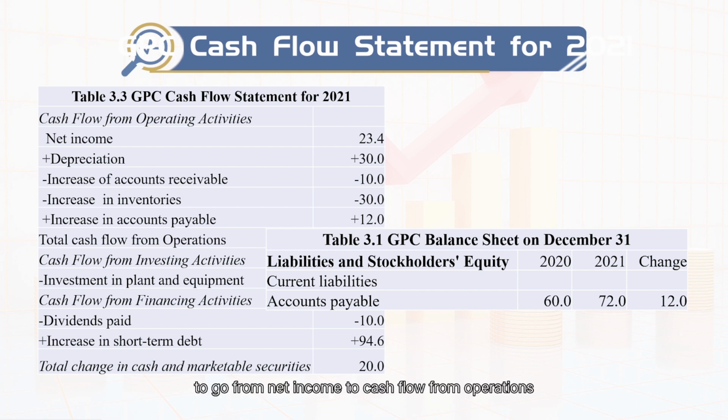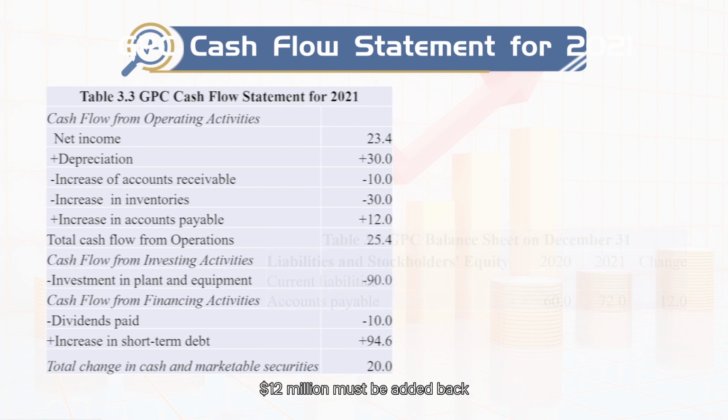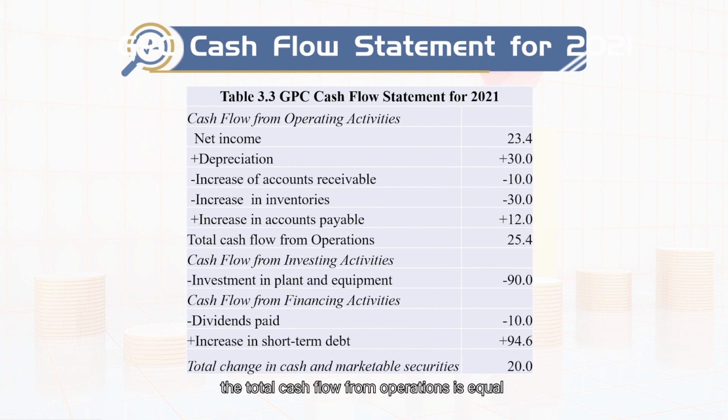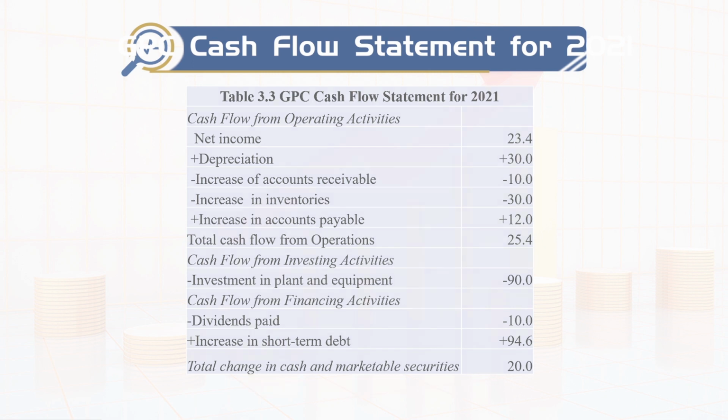So, to go from net income to cash flow from operations, $12 million must be added back. Finally, the total cash flow from operations is equal to the net income plus the depreciation charges minus the increase in accounts receivable minus the increase in inventories and plus the increase in accounts payable.